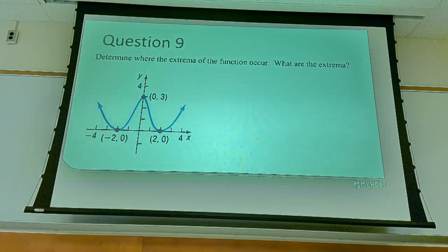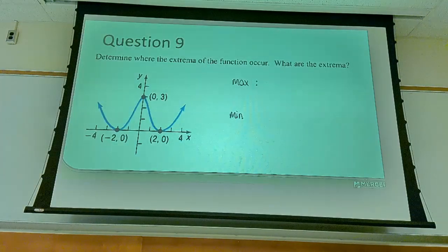Yes, all three of those points are extrema. What kind of extrema? I'm only going to write max and min. Generally speaking, in math, when we write max or min, we are referring to relative. So the max would be 0, 3.